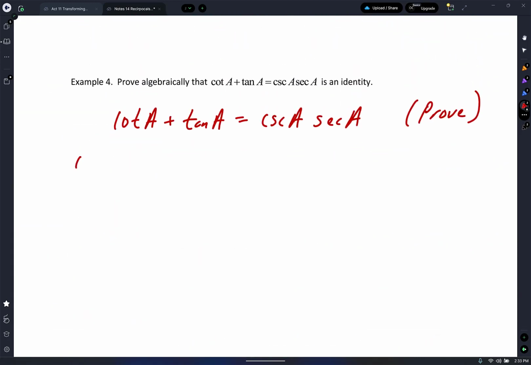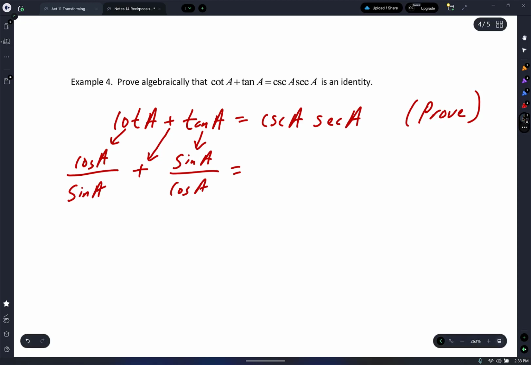Cotangent, I'm going to write cosine A over sine A. That's what cotangent is. Plus, that plus is this plus, and then tangent is what over what? Yeah, you got to keep the argument, whatever that argument is. Every time you hear me say the word argument, I'm talking about the letter, that letter. Sometimes they put parentheses, sometimes they don't. Are we okay with that?